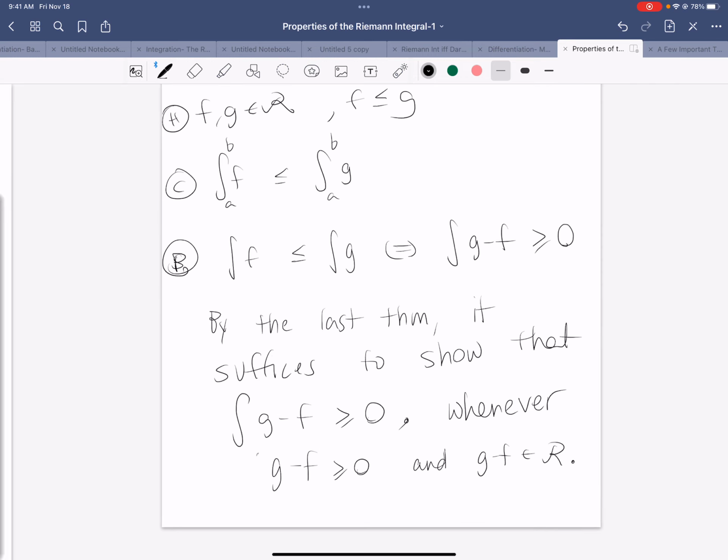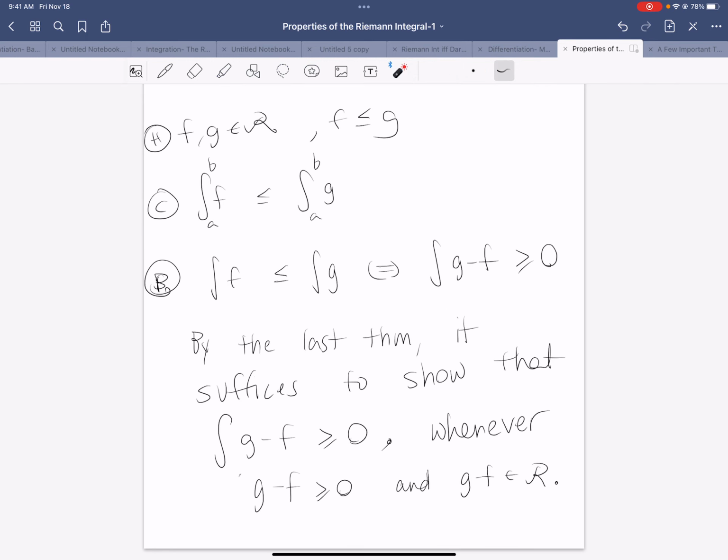Okay, so here's what we do. Instead of working with g minus f, we just say, hey, let's just call g minus f h. It'll make our notation easier.